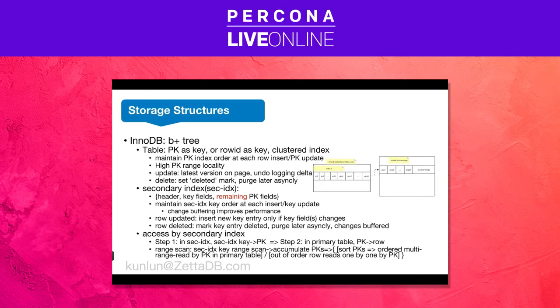If a row is deleted, InnoDB will mark the key entry deleted. That is to set a deleted mark at the key entry header, and the purge thread will later asynchronously reclaim the space of the key entry. All such changes can be buffered if change buffering is enabled.